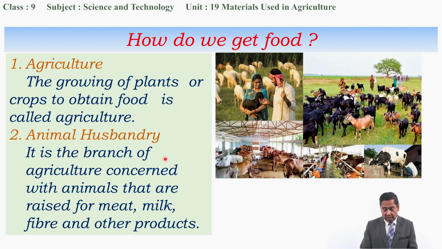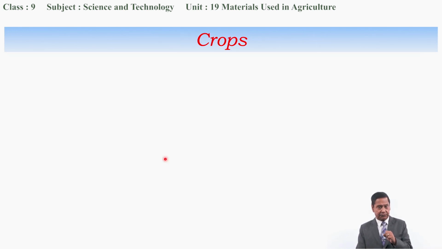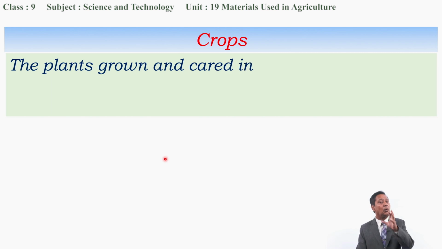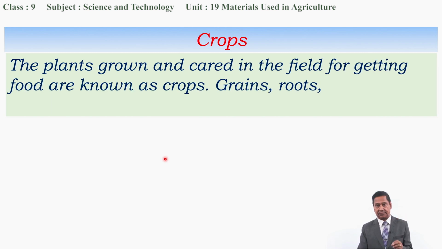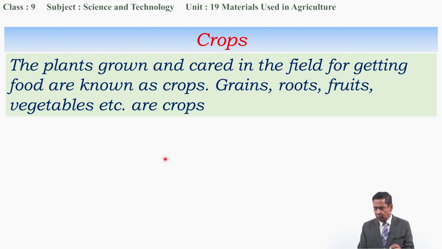And now it's time to talk about the crops. What is a crop? The plants grown and cared for in the field for getting food are known as crops. Grains, roots, fruits, vegetables, etc. are crops. Don't think that only the grains are crops.